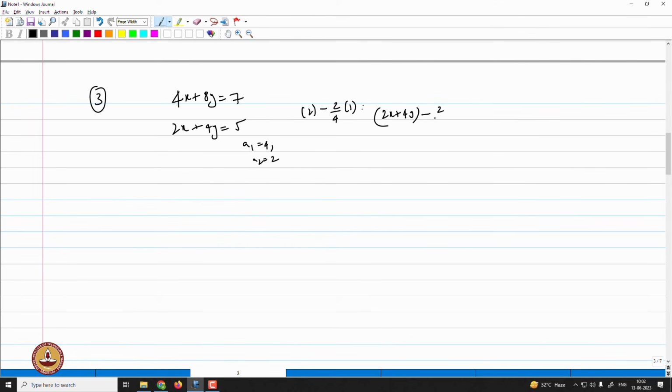So anyway, let me just write it laboriously. 4x plus 8y equals 5 minus 2 by 4 times 7. So maybe I should write it more clearly. You see that the 2 will cancel here.